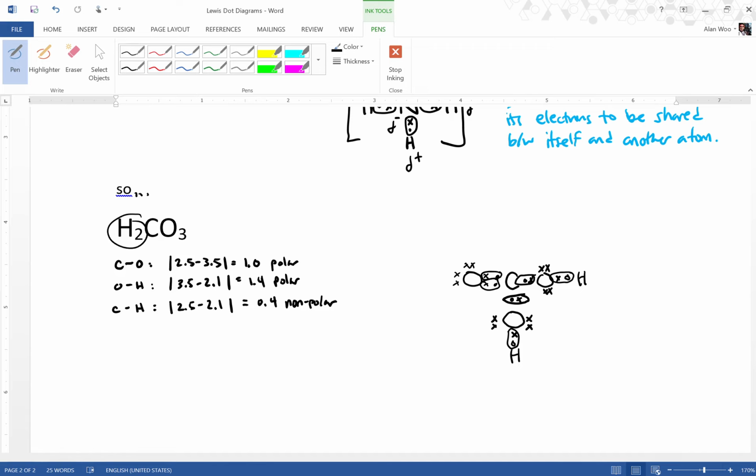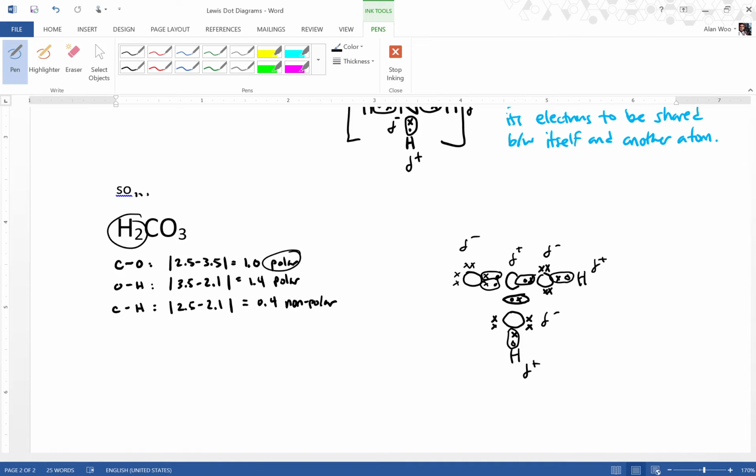Okay, but what we have right now is almost perfect. The only thing that we're missing is to identify the polar bonds. Between oxygen and hydrogen, oxygen is more electronegative, so there's a delta negative sign for the oxygens. And then hydrogens would have a delta positive sign, and carbon has a delta positive sign as well, because its electronegativity is less than oxygen's.